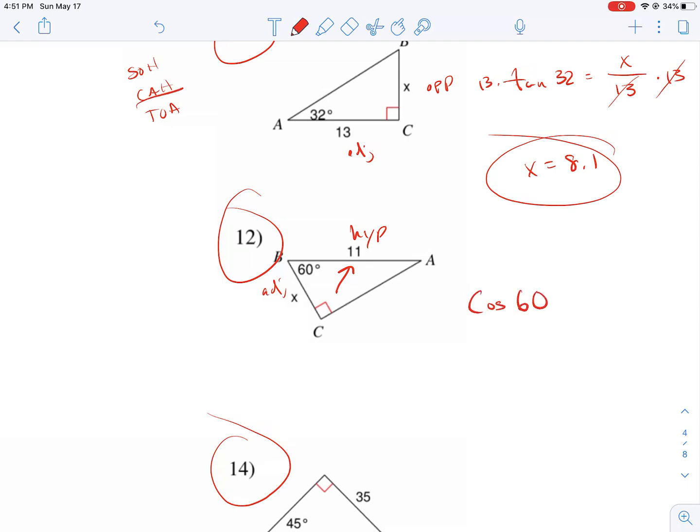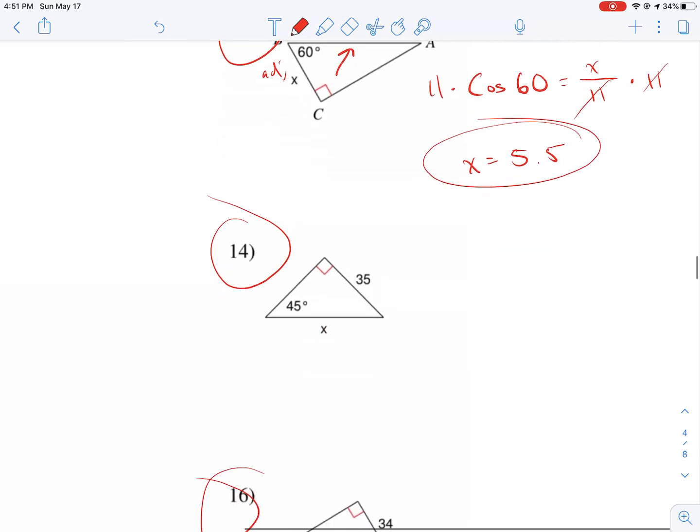So cosine of 60 degrees is equal to x over 11. Multiply both sides by 11. Those cancel there. So x is equal to the cosine of 60 times 11, which is an even 5.5. Nice number there.